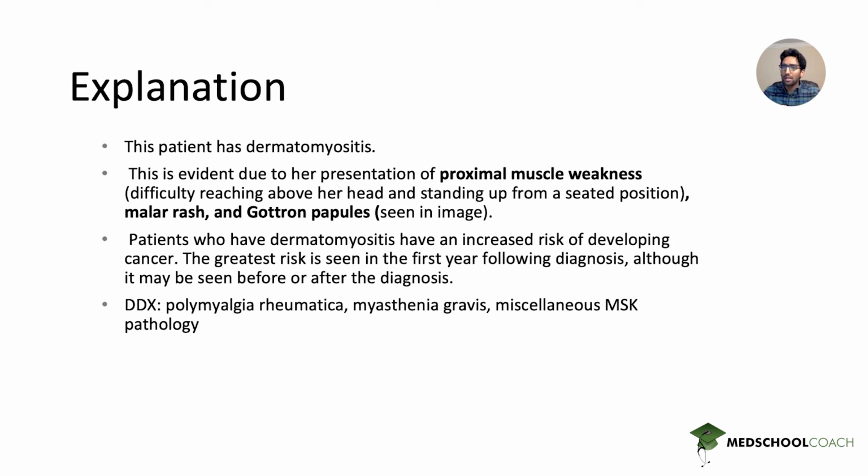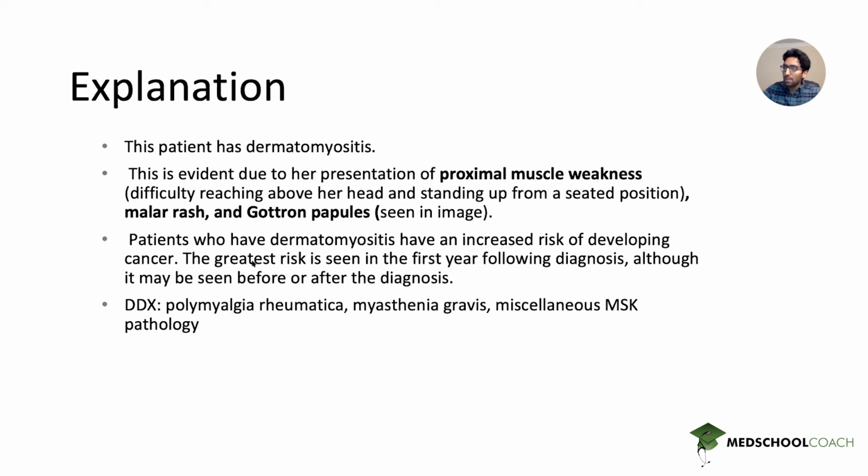One thing to keep in mind is that this butterfly or malar rash is commonly known as the rash for lupus, but can also present in some other conditions such as dermatomyositis. In that question stem, because there weren't any significant risk factors or clues pointing us in the direction of lupus, and especially with the combination of the proximal muscle weakness, dermatomyositis was a better answer here.